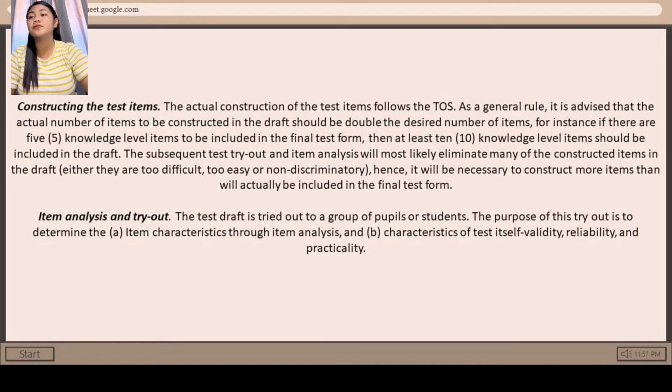Constructing the types of test items. The actual construction of the test items follows. A general rule is advised that the actual number of items to be constructed in the draft should be double the desired number of items.